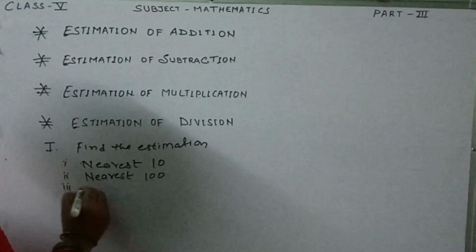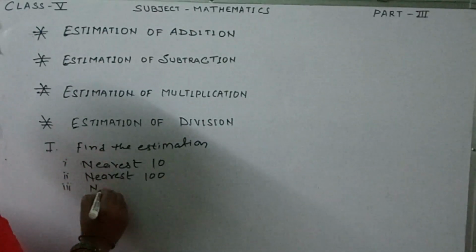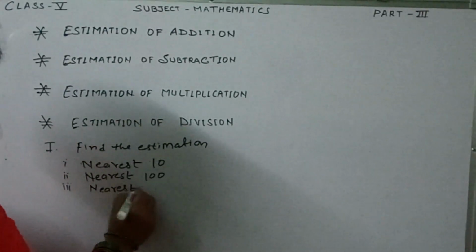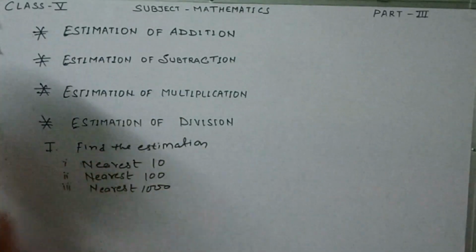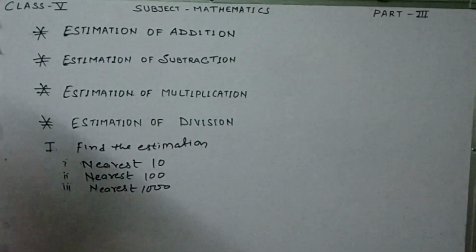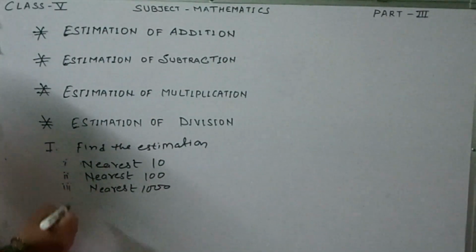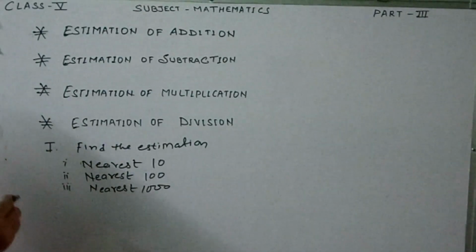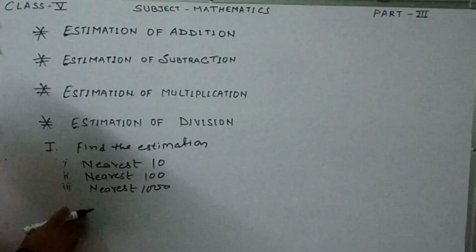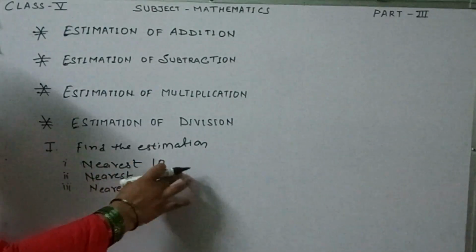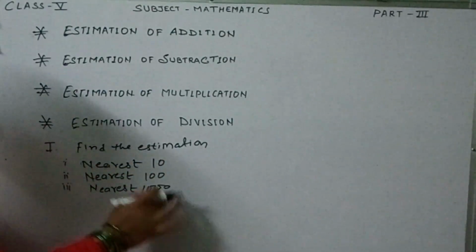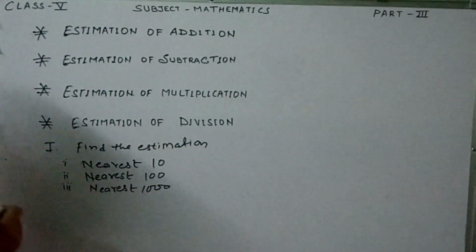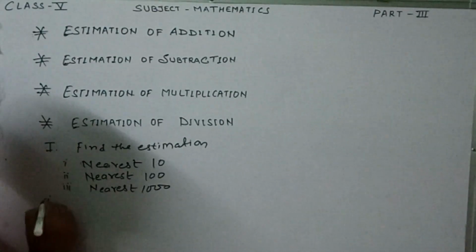The third one is nearest 1000. You have to give the nearest value of any number, and in the question it is mentioned to estimate the numbers nearest 10, nearest 100, nearest 1000.